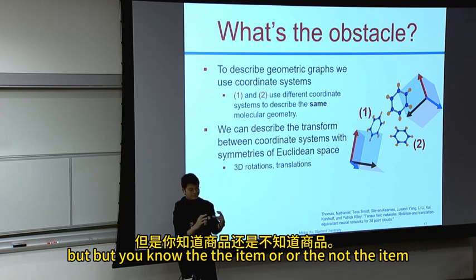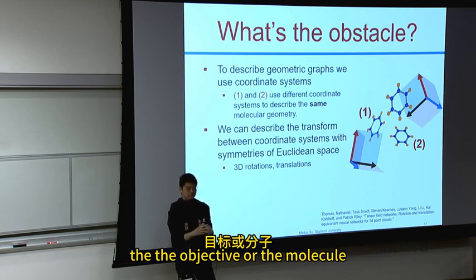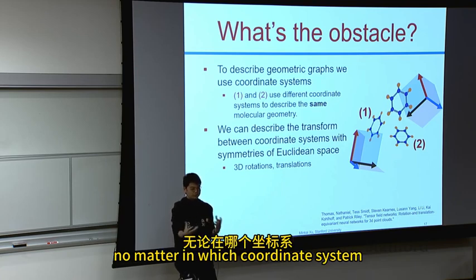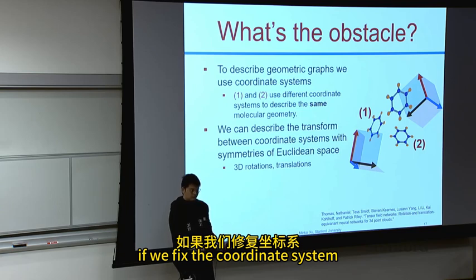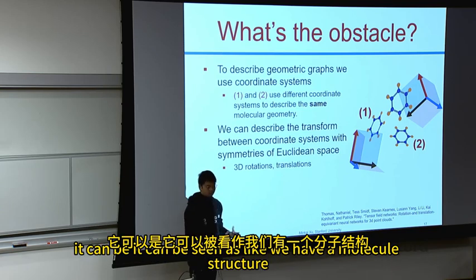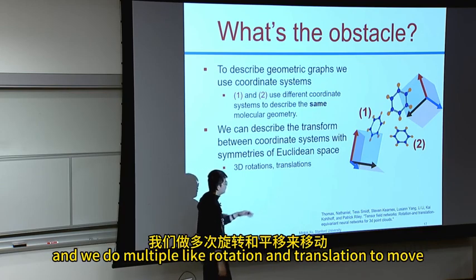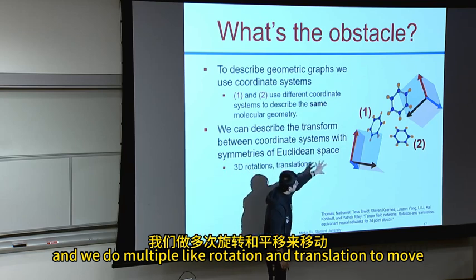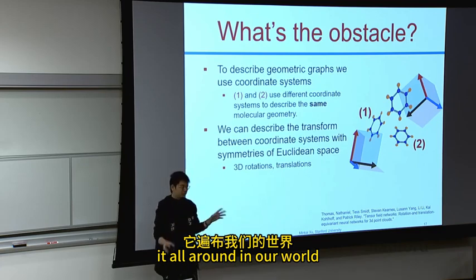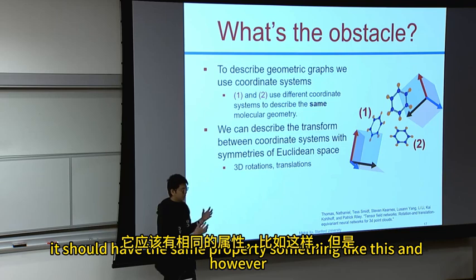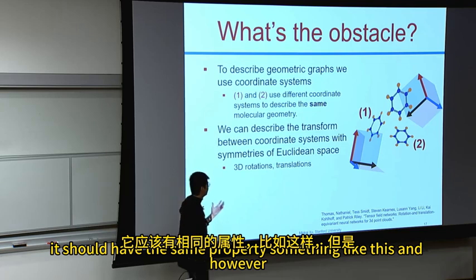But the object, the molecule, no matter in which coordinate system, it should be the same one. Or in other words, if we fix the coordinate system, it can be seen as we have a molecule structure, and we do multiple rotations and translations to move it all around in our world. But it is still the same. It should have the same property.